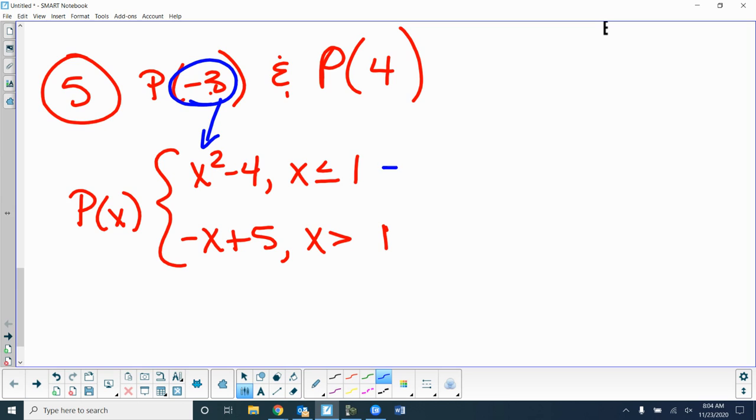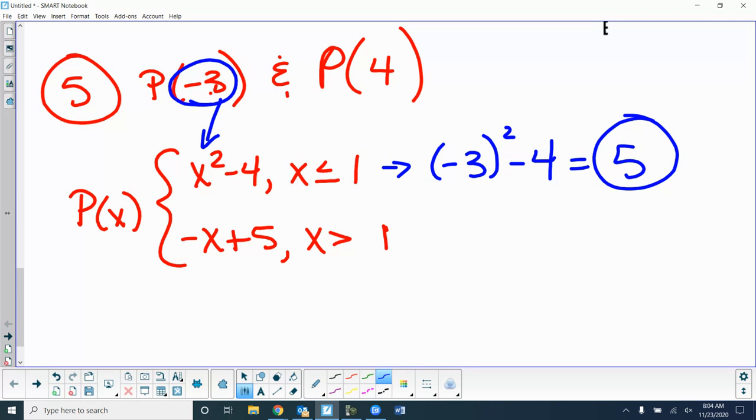So this is -3 squared, 9 minus 4. So the answer is 5 for p of -3. Okay? Where does 4 fit? Does it fit less than or equal to 1 or greater than 1? Greater than 1, right? So I'm going to put it in this one.